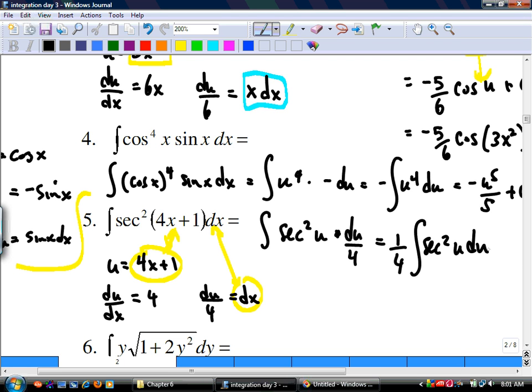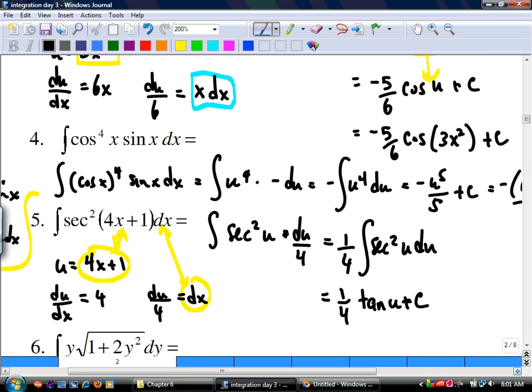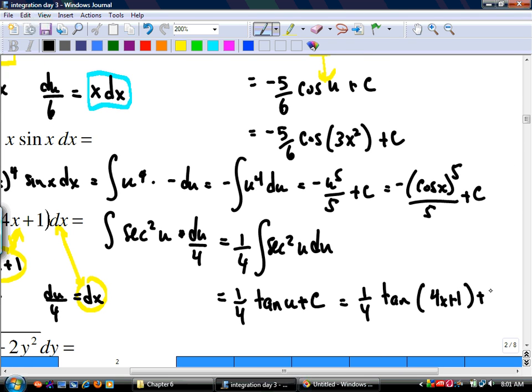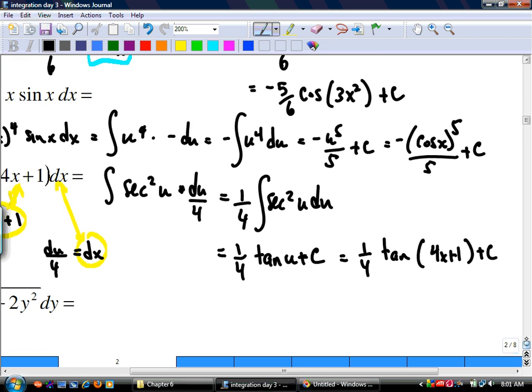What's the antiderivative of secant squared? Tan. One-fourth tan u plus c. We good? Seeing how that's working? This is regurgitating from Friday.